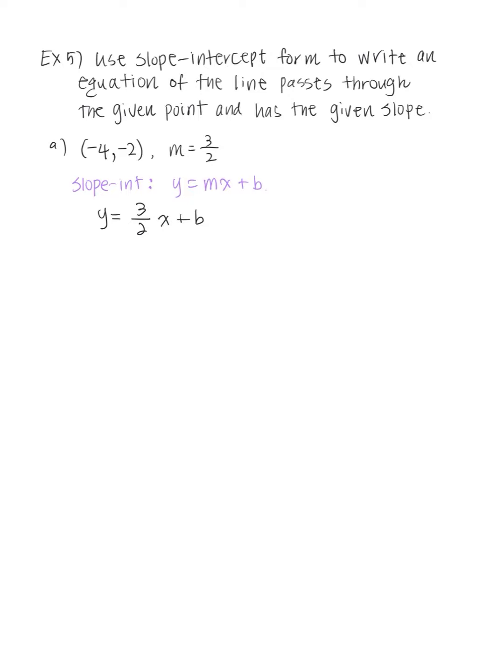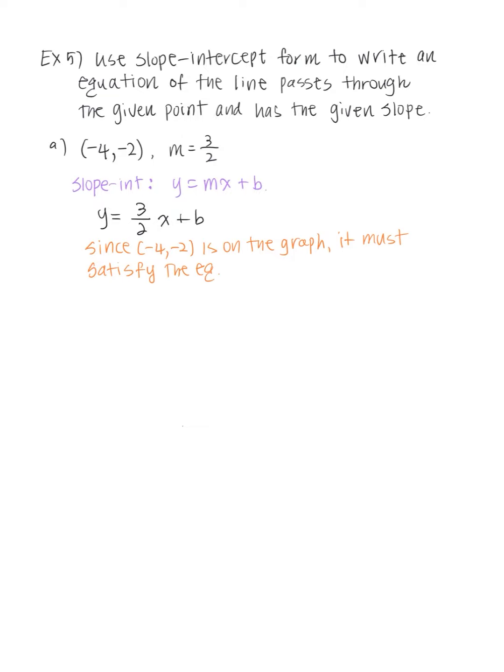All right, so let me just write that out. So how can I write this? So since (-4, -2) is on the graph, it must satisfy the equation.